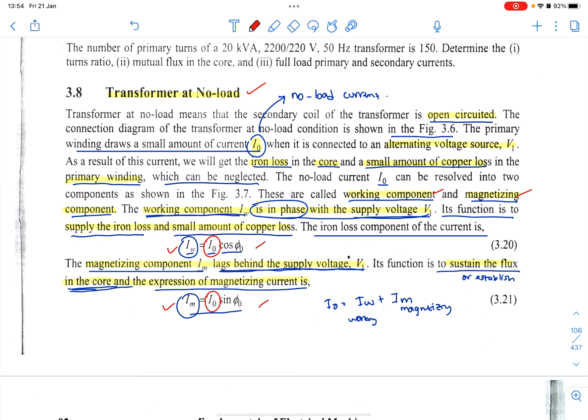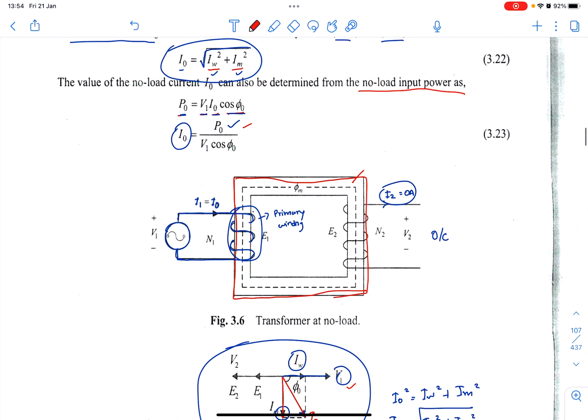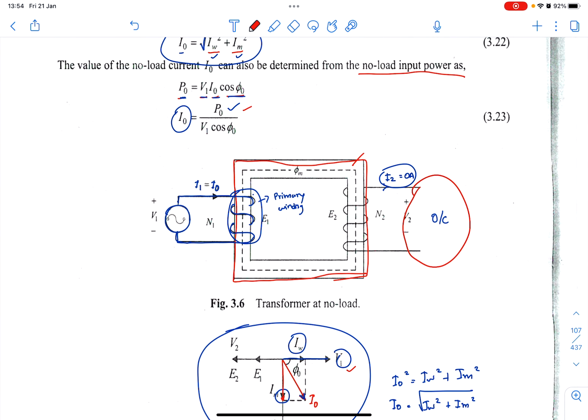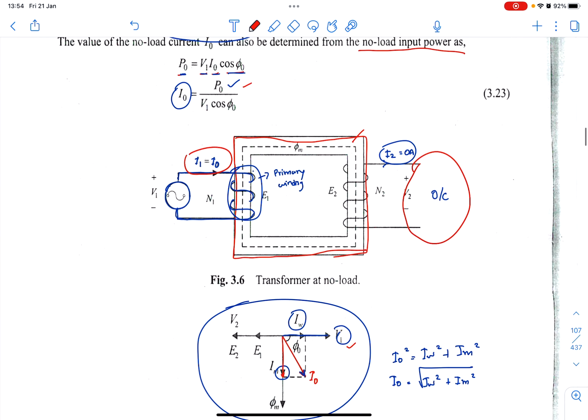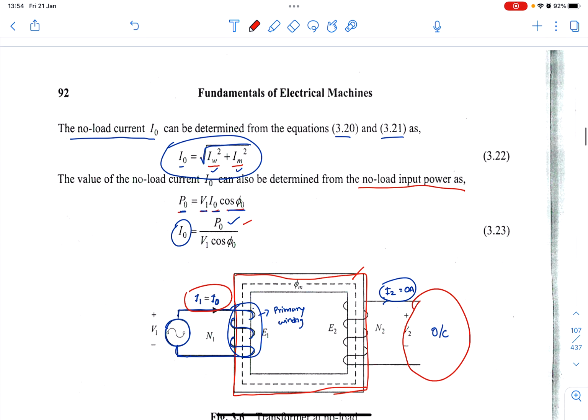So you can calculate these two, and you know that during a no load condition, the transformer is open circuit, so you can calculate I0. So for I0, you have two methods to calculate, either using this one or using the power equation, depending on the information you are given.